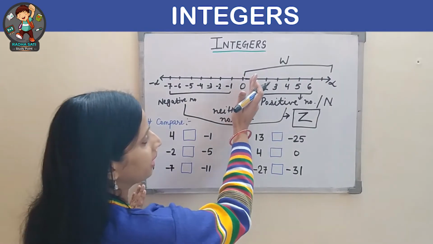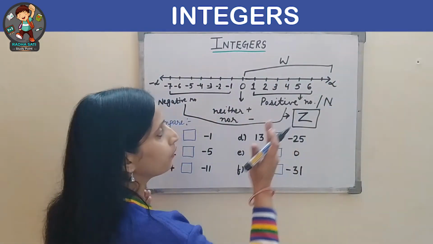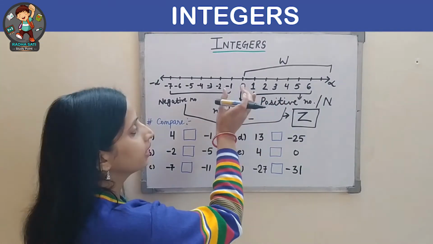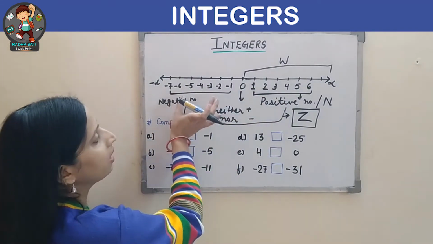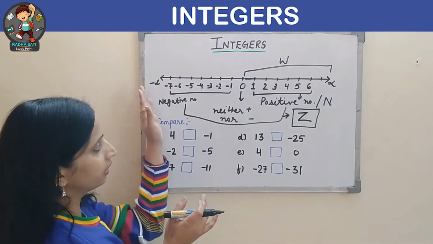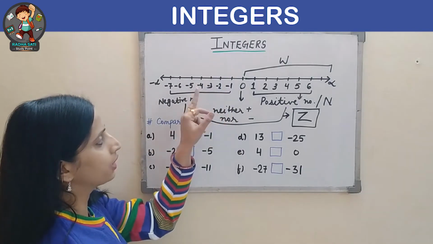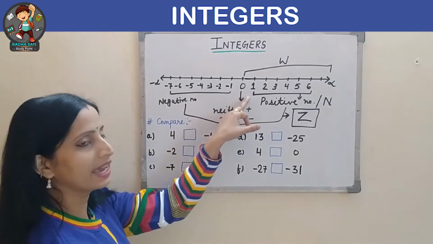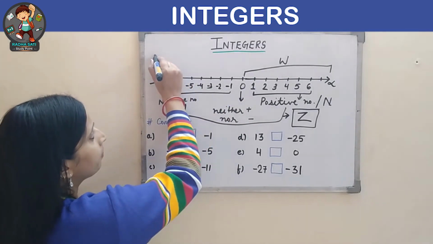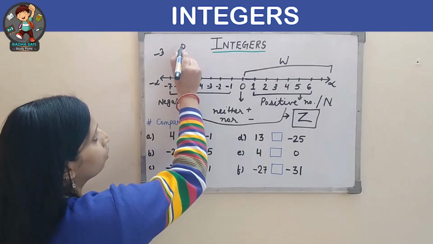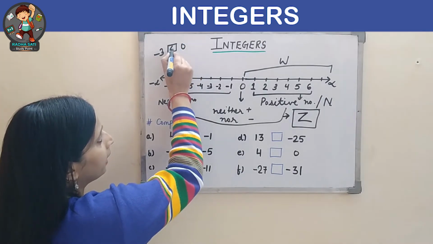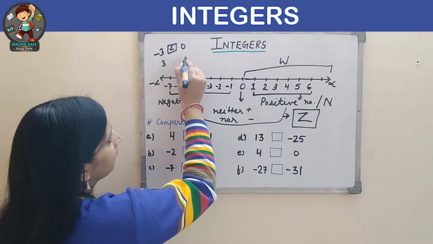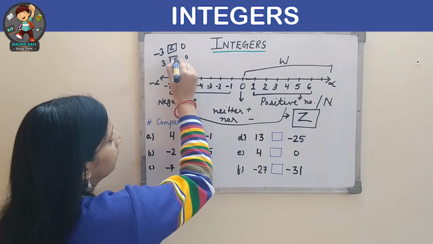Okay. So on the number line, all the numbers which are to the right of the 0 are greater than 0. And the numbers which are to the left of the 0, these numbers -1, -2, -3 and so on, are less than 0. For example, if -3 and 0, then 0 will be greater. And if we take +3 and 0, then 3 will be greater.